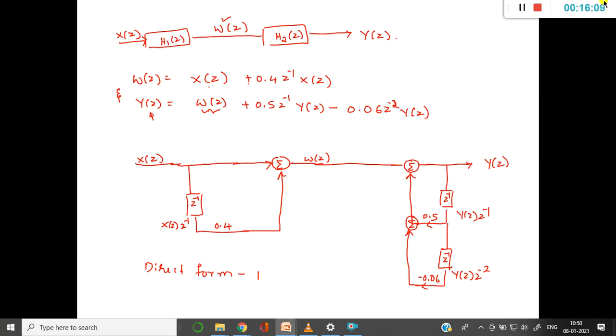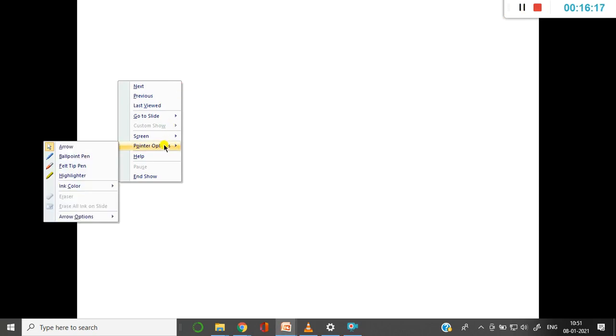Direct form 2 requires the same equation with changing H1 and H2, that's it. So here X(z) is the input. Instead of H1, I take H2 of z. So this is direct form 2.